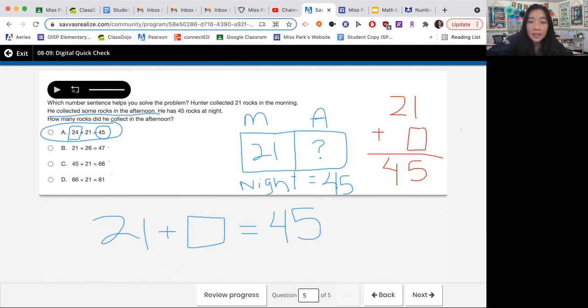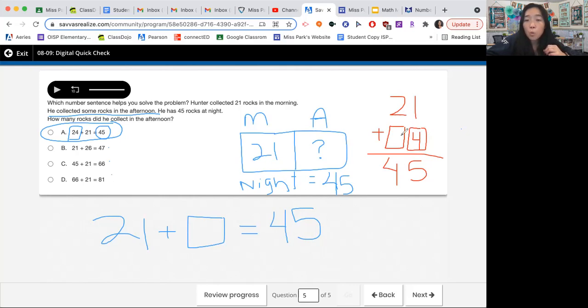Okay. So yes, 1 plus 4 would give you 5. There's no single digit number that added to 1 could get you to 15, so you do not need to regroup, because 1 plus 4 would give you 5, not 15. Because we don't need to regroup, this number alone is going to get you to 4.